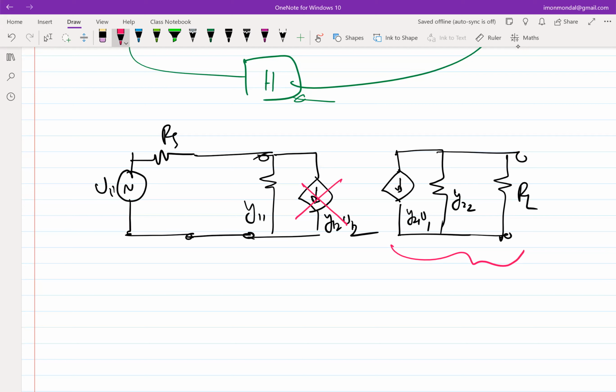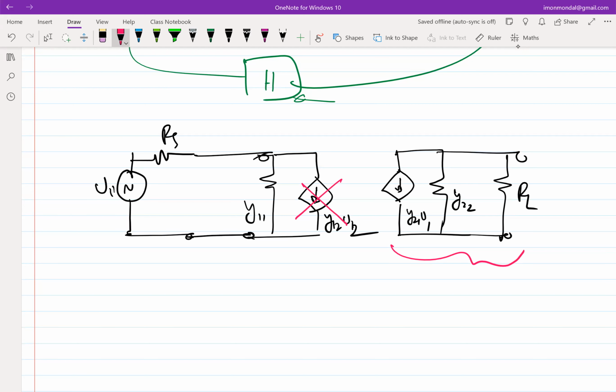Right? I mean, in terms of currents and voltages, having a Y22 and not having a Y22. So it looks like not having a Y22 is a better thing to do from the algebra that we just did, right? Setting Y22 to 0 was good because the denominator was going down.